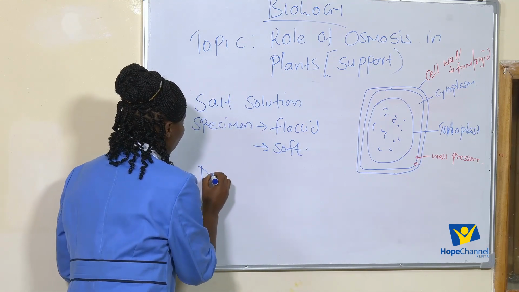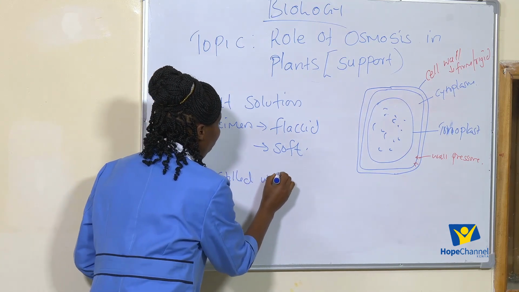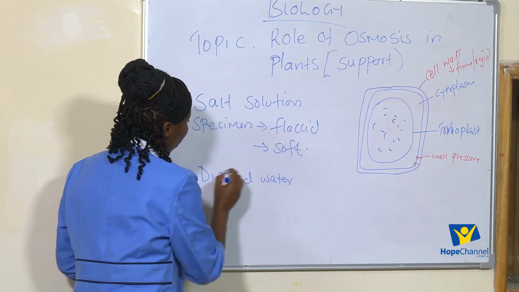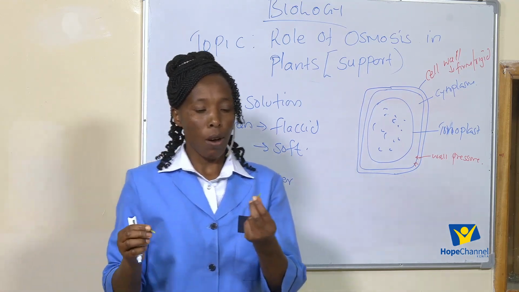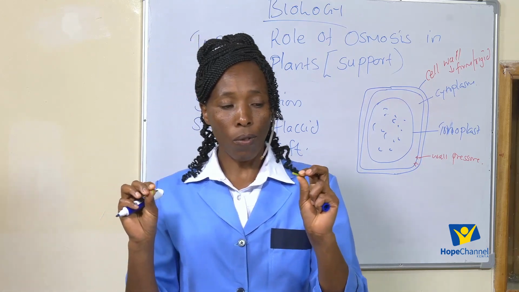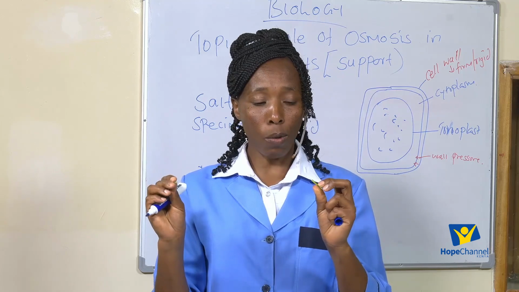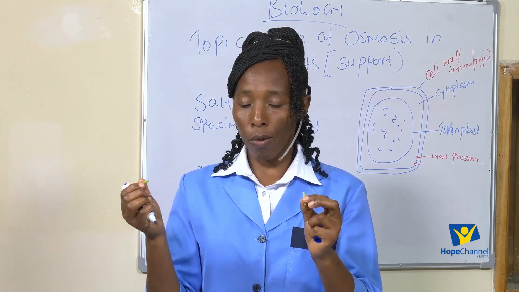Then I want to see the specimen that was placed in distilled water. Then from there, we are going to explain why you think these ones are soft. Yet remember there is one that was hard, but now it is soft.